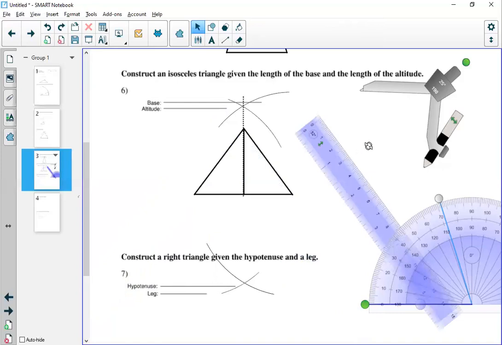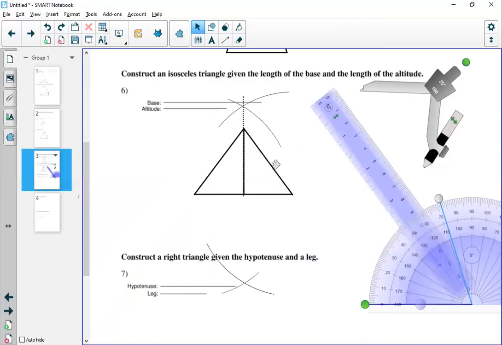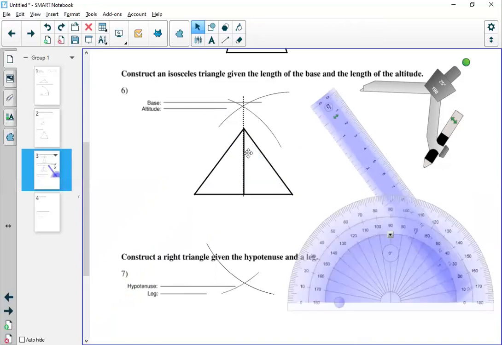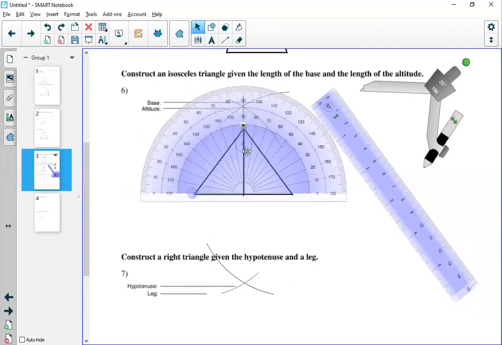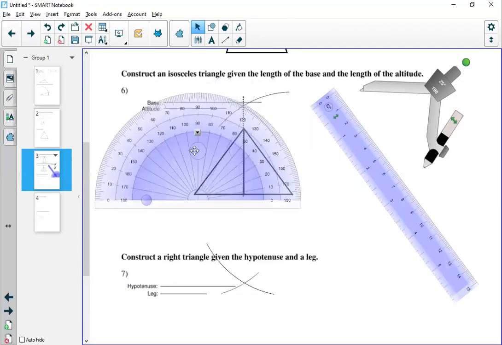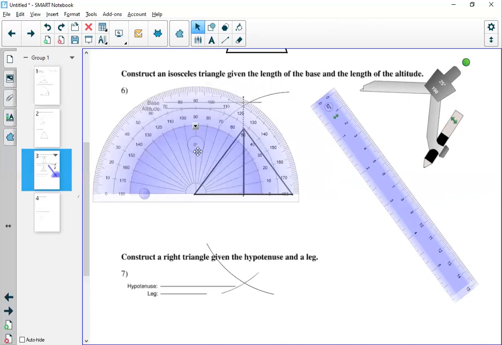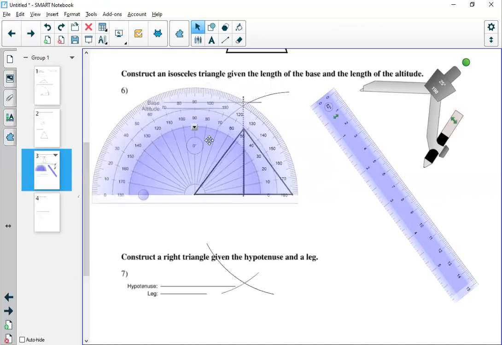So how do we still confirm if this construction is actually correct? Still by measuring the base angles. Let's measure the base angles to see if they are equal. If I can get equal base angles, then I can conclude that the construction is done correctly. So this base angle is about 52 degrees.